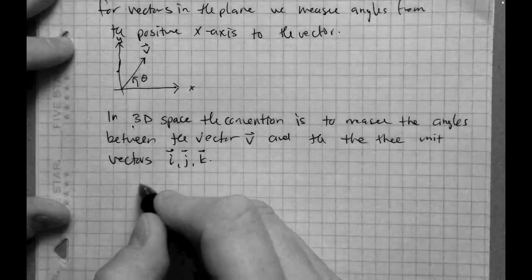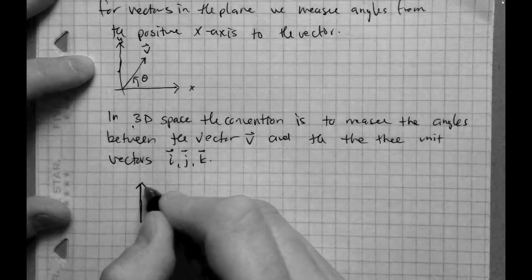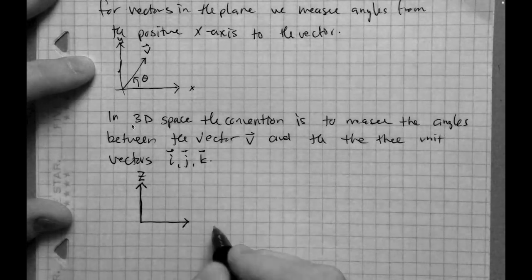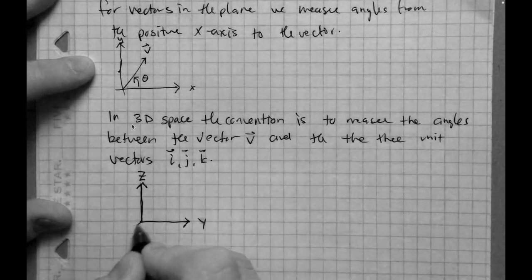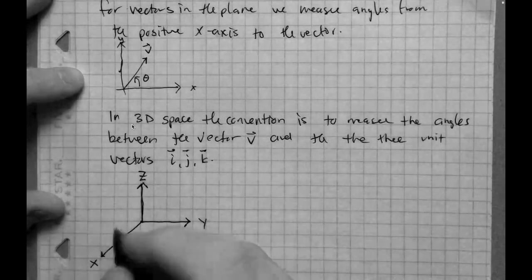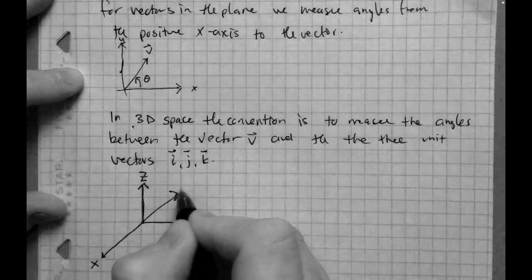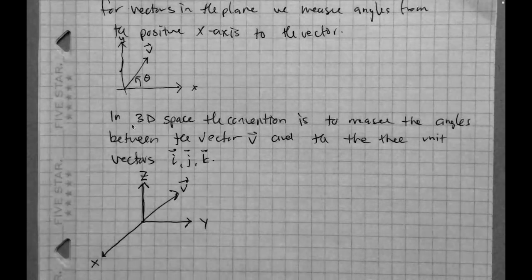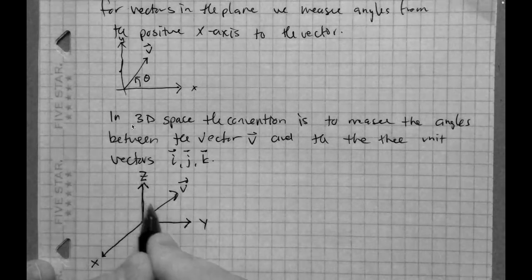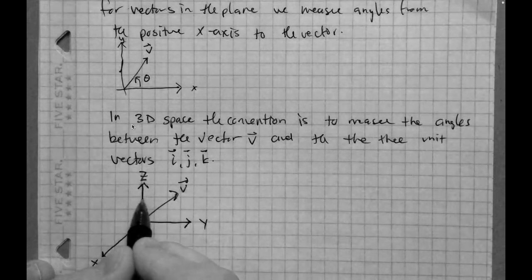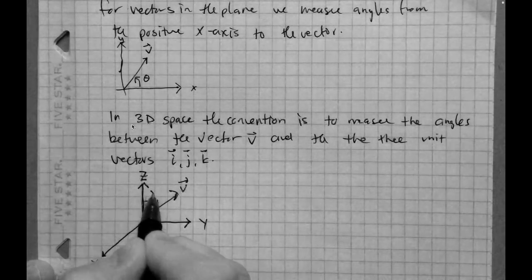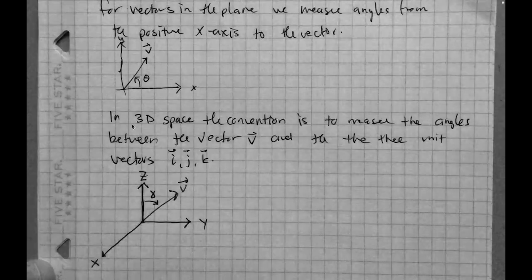If you've got this as your z-axis, this as your y-axis, and then your x-axis, and some vector v in here, then the angle swept out by v relative to the z-axis, we typically denote by gamma.